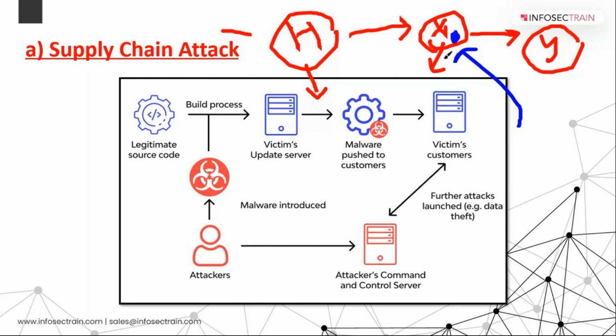So let's say this X creates 100 motherboards in a day. All those motherboards would be infected with a certain kind of virus. And now those motherboards are shipped to this H, where this H will use this infected motherboard which he is not aware of.